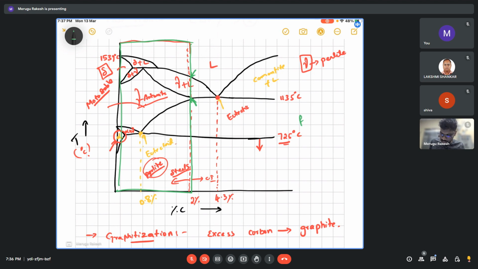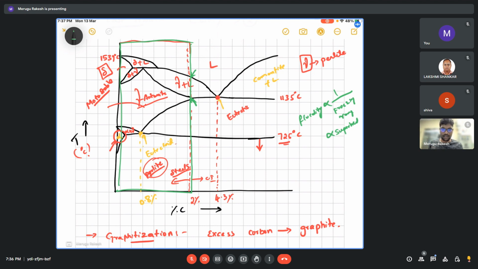So this fluidity is inversely proportional to this freezing range and directly proportional to superheat. Right? If you heat more, then the viscosity will be very less.